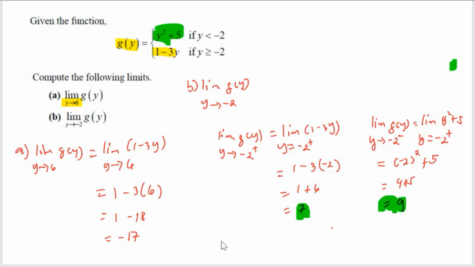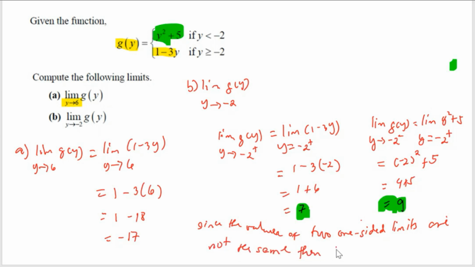Therefore we could say, since the values of the two one-sided limits are not the same, then the limit of g of y as y approaches negative 2 does not exist. Okay, so that is how we are going to make the conclusion.